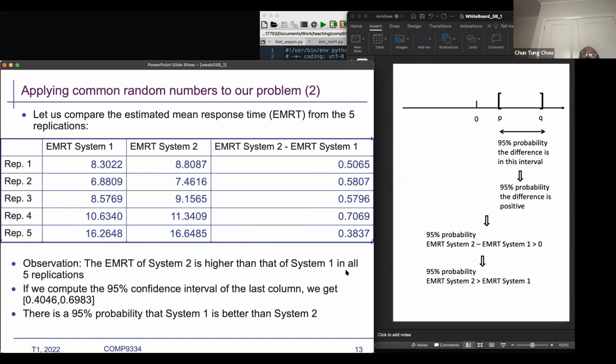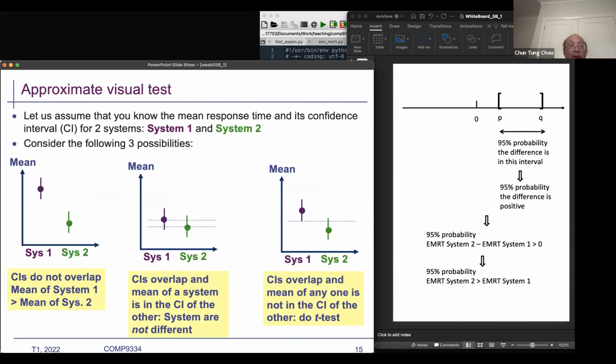But is it possible to compare systems by just computing the confidence interval of each system themselves? Yes, sometimes you can do that, and that's what I want to show you here. Let's just say we have done our replications, and then we can compute the confidence interval for system 1 and system 2.